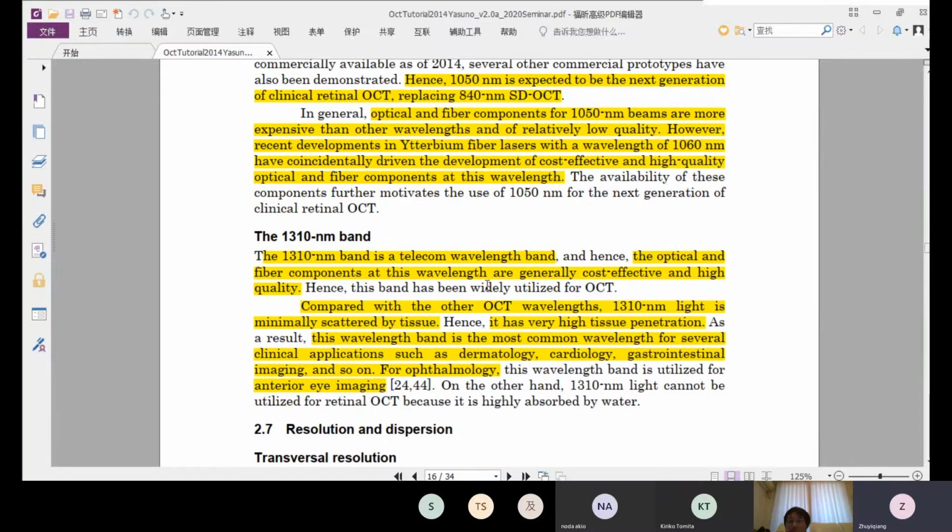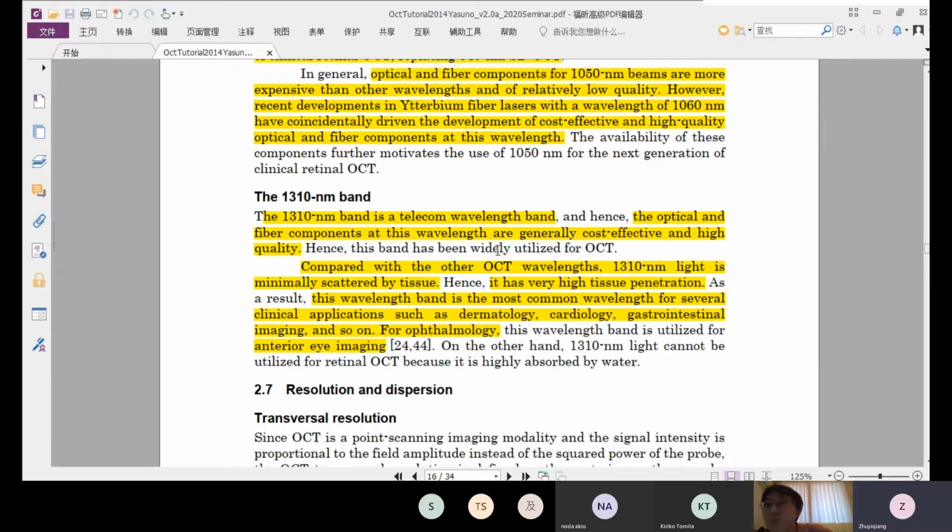In the 1310 nanometer band, this part says that the 1310 nanometer band is a telecom wavelength band, and this wavelength has cost-effective and high quality components compared with the other wavelengths.